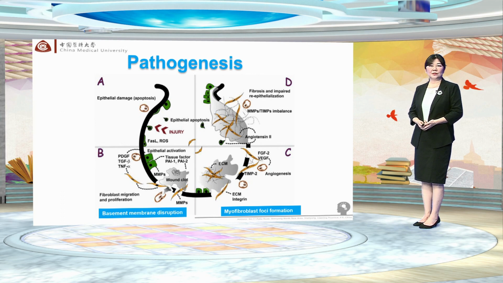So in step B, damage of epithelial cells is accompanied by damage of the basement membrane.